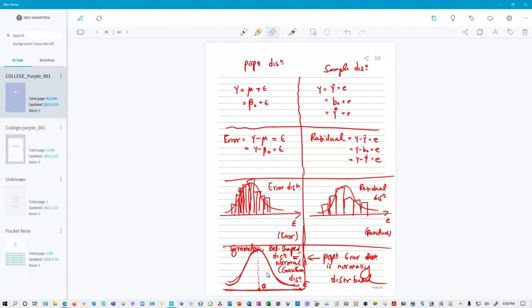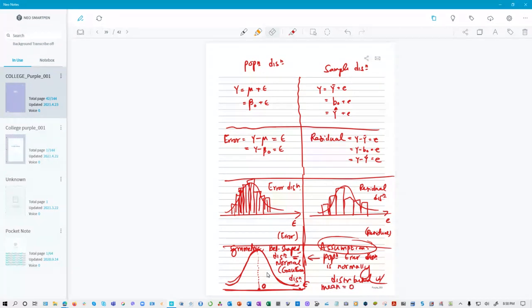Normally distributed means it's going to behave according to a normal distribution. That's the big assumption. We showed that this assumption is very reasonable, with mean equals zero.